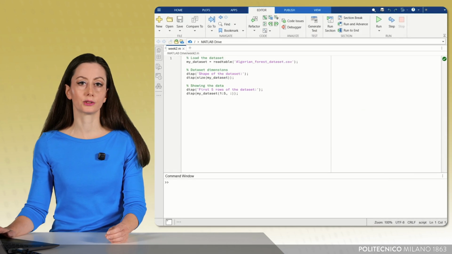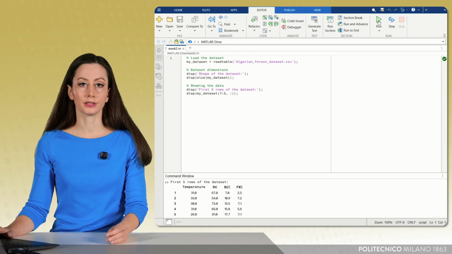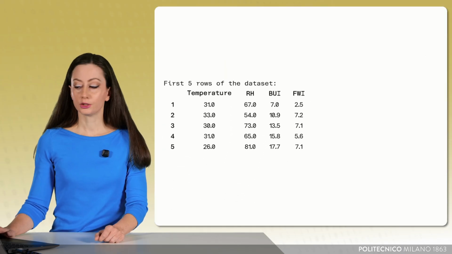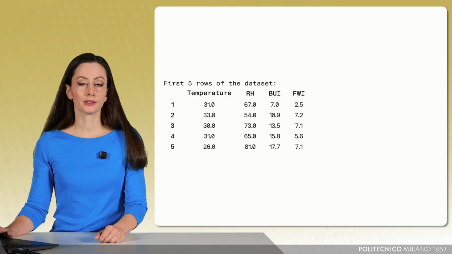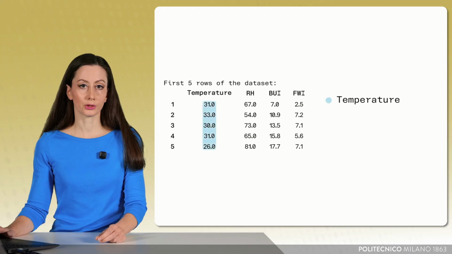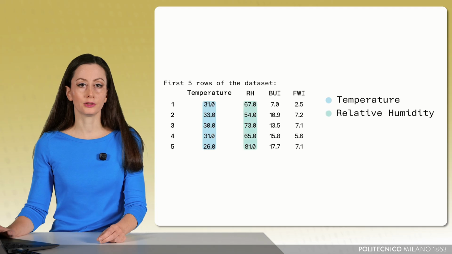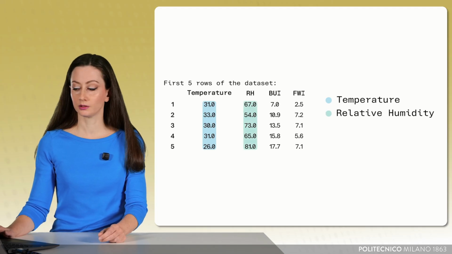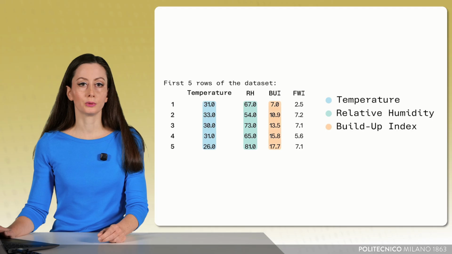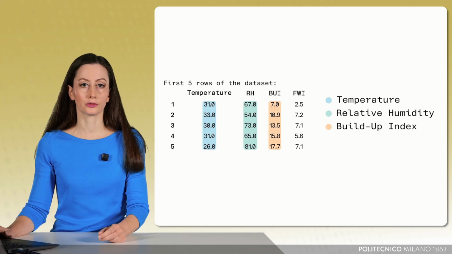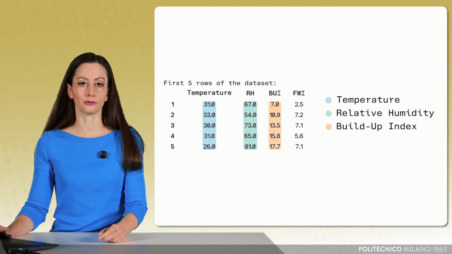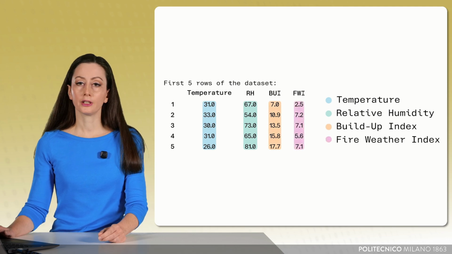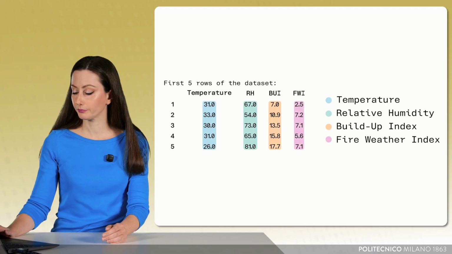This syntax allows us to display a portion of the dataset where each row represents a different fire event and each column corresponds to a specific variable: temperature, expressed in Celsius degrees; relative humidity, expressed as a percentage; the build-up index, which represents the total amount of combustible material present in the environment; and the fire weather index, which evaluates the overall risk of fires.